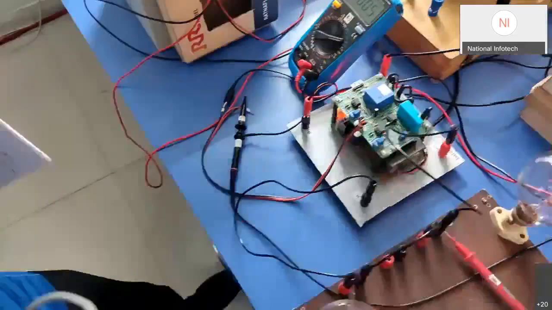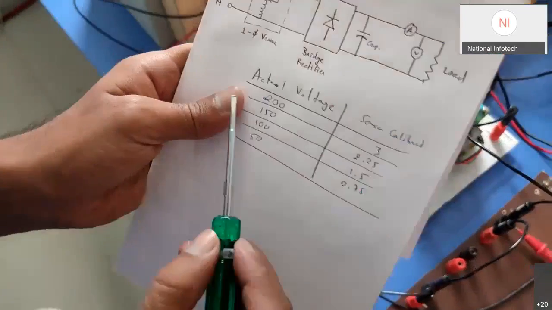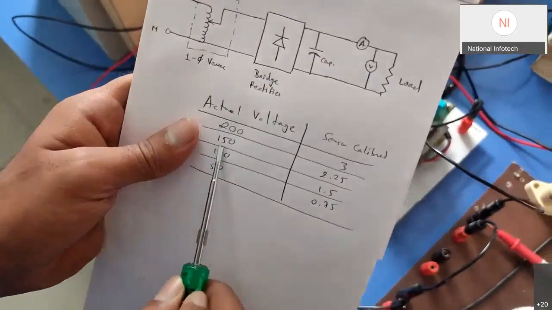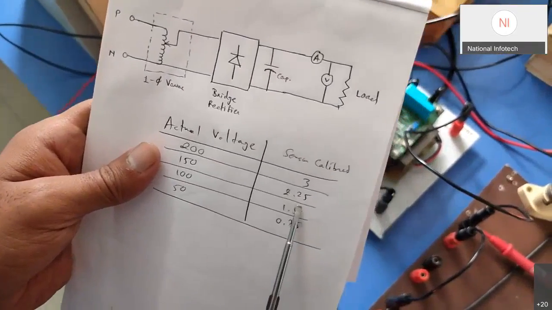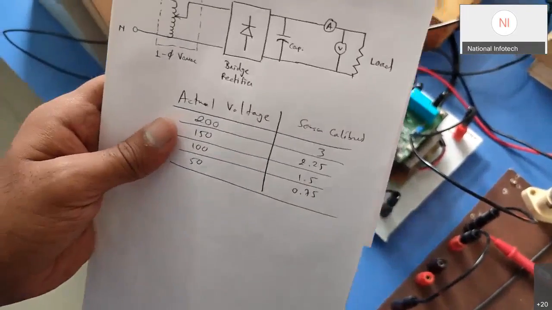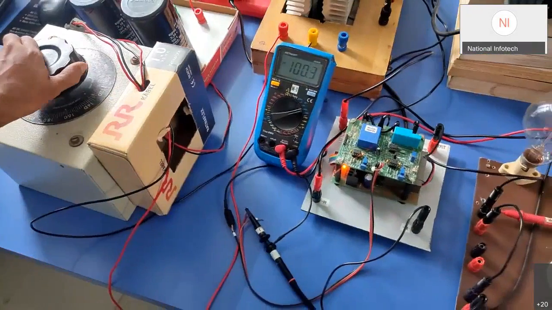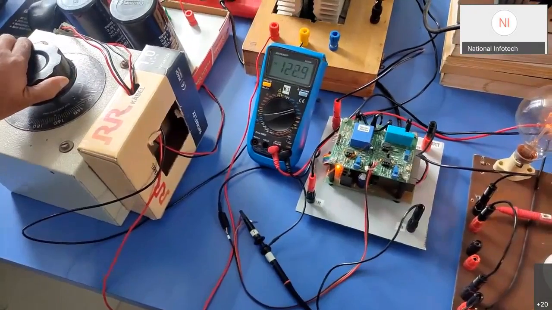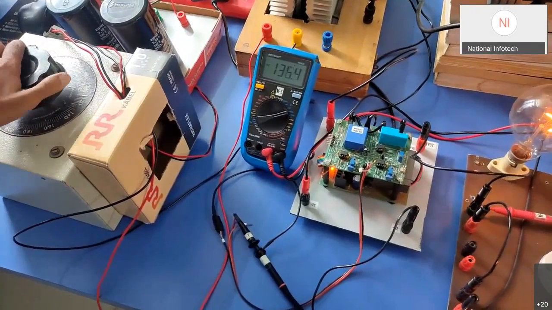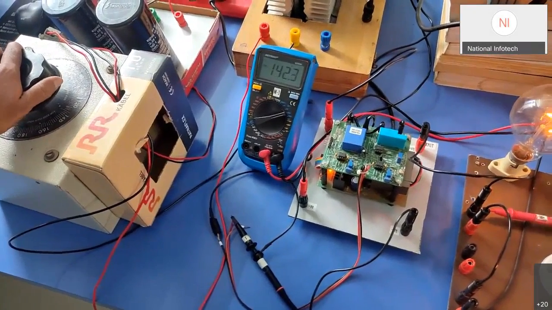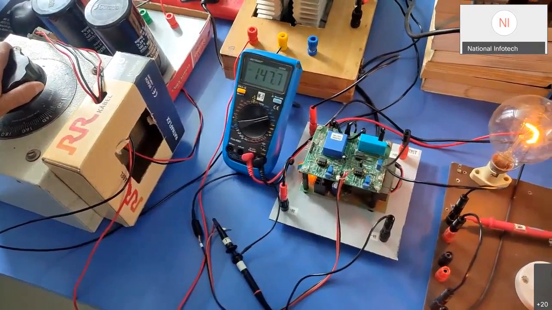Now we will gradually increase the voltage to 150 volt, and at 150 volt it should give us 2.25 volt. We will verify that by setting the 150 volt DC link and checking the DSO screen.